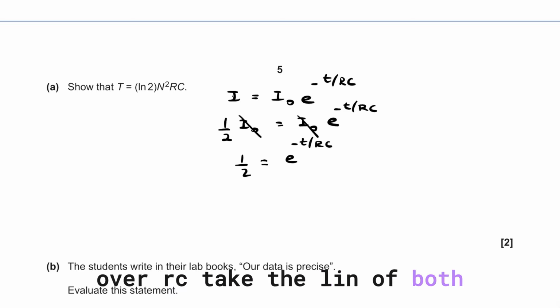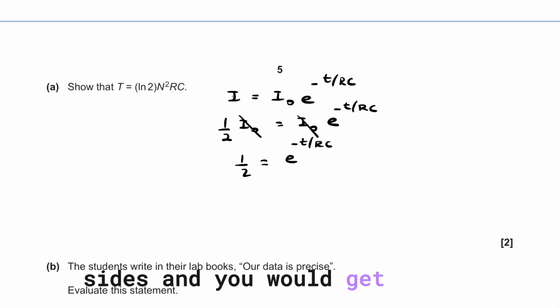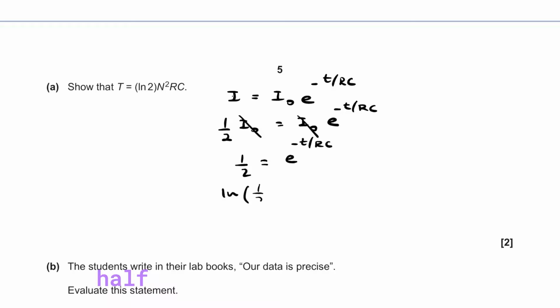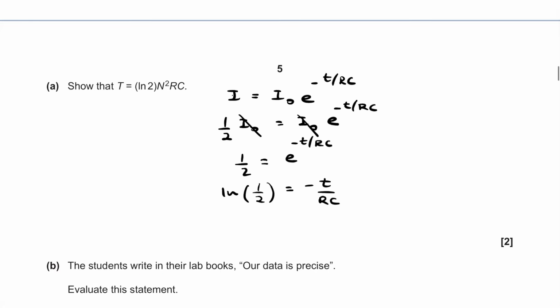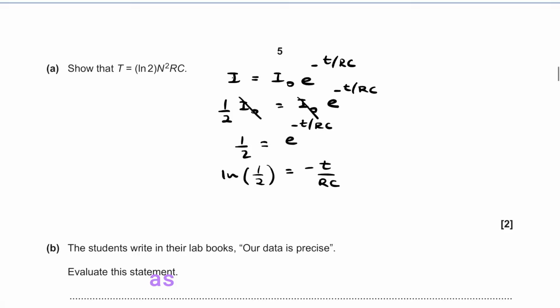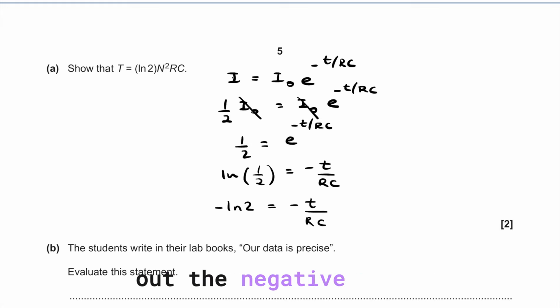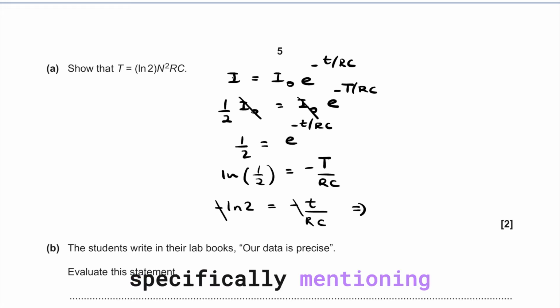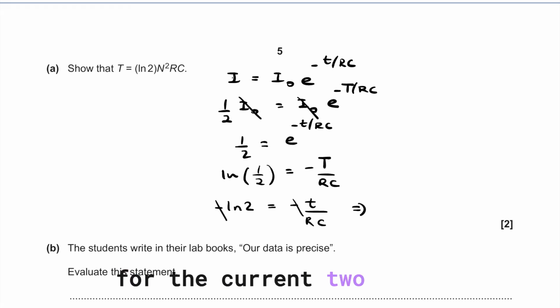Take the ln of both sides and you would get ln of half equals minus t over RC. Ln of half is the same as minus ln 2. So that's going to be cancelling out the negative here. I should replace this with capital T because this is the time that they are specifically mentioning for the current to fall to half. So there we go.